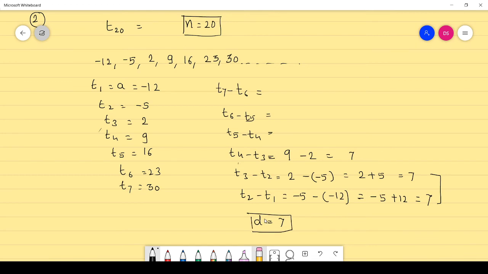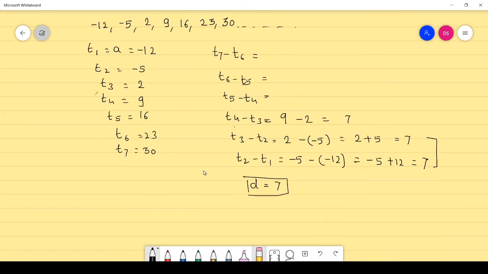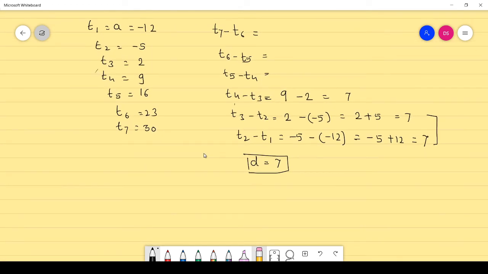Then what would be your statement? That statement is also important as far as the board examination is concerned. You need to mention that the common difference is constant, and d is equal to 7.